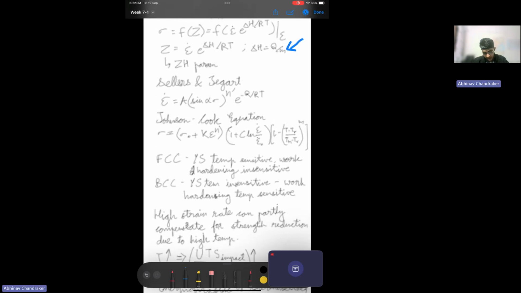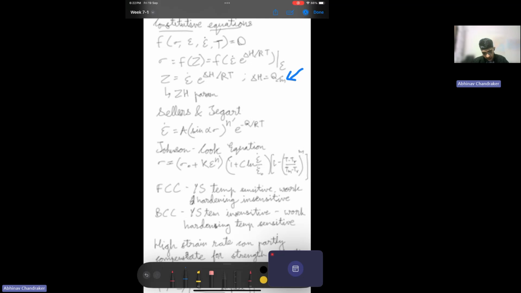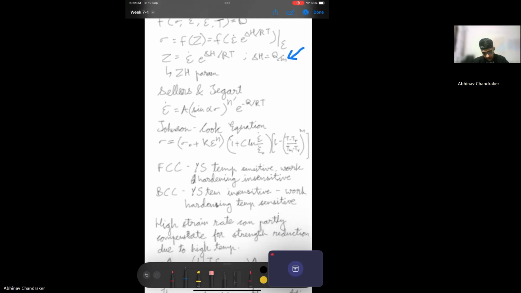So the strain rate dependence of the flow stress we can call it. Not necessarily the flow stress, but the stress at which we get that particular strain.